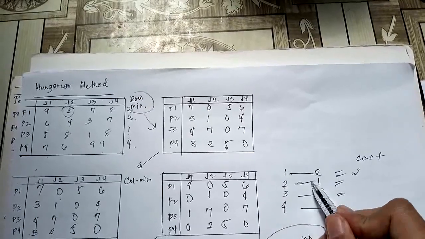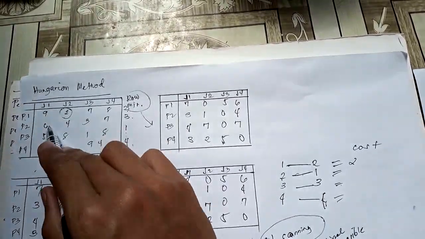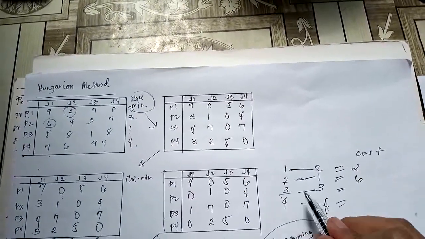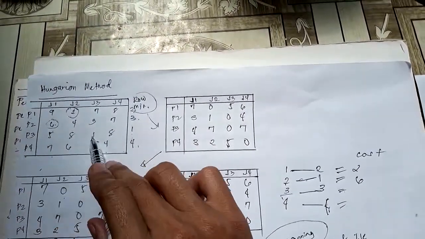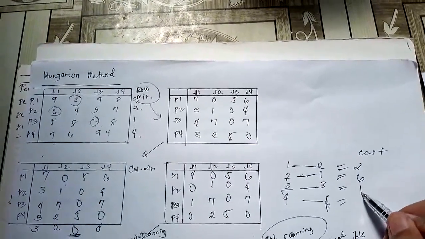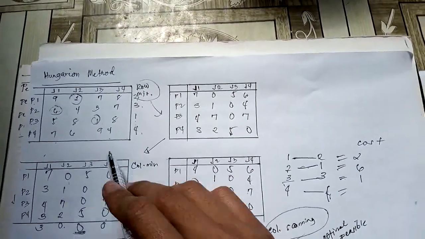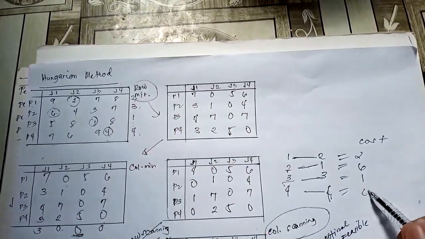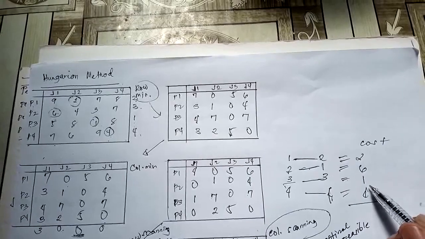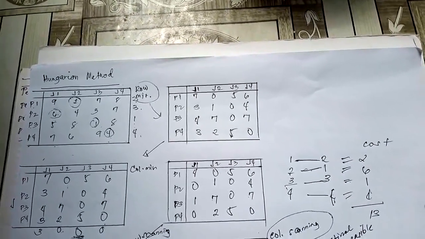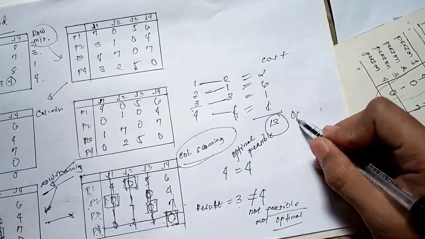Person 2 is assigned to job 1, then that is 6. Person 3 is assigned to job 3, so that is 1. Let us write 1. And person 4 is assigned to job 4, and that is 4. So 2 plus 6 plus 1 plus 4 is equal to 13. So 13 is our optimal solution.